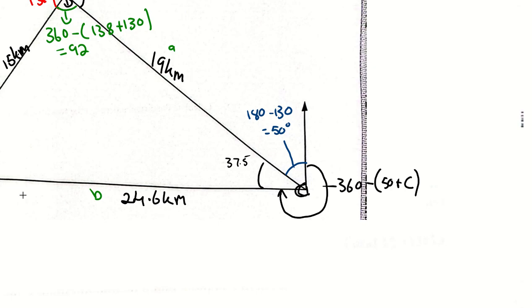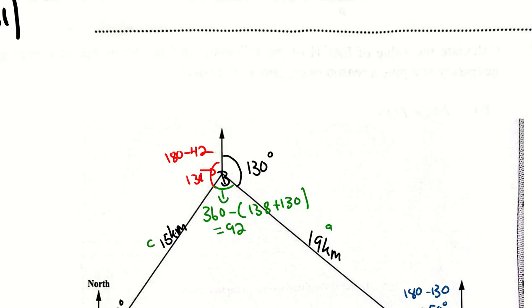So 50 plus 37.5 is 87.5. So that's 360 minus 87.5. So 360, subtract that, is 272.5 degrees, and that is how you would do this question here.